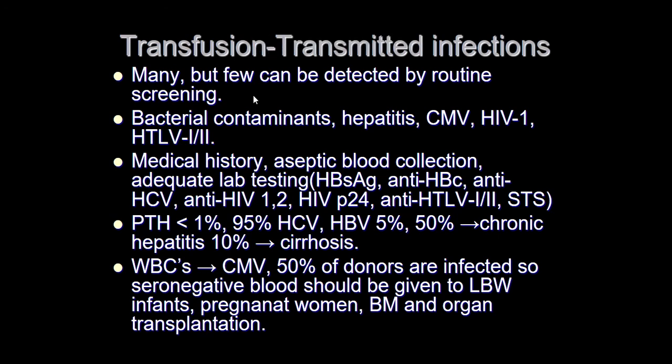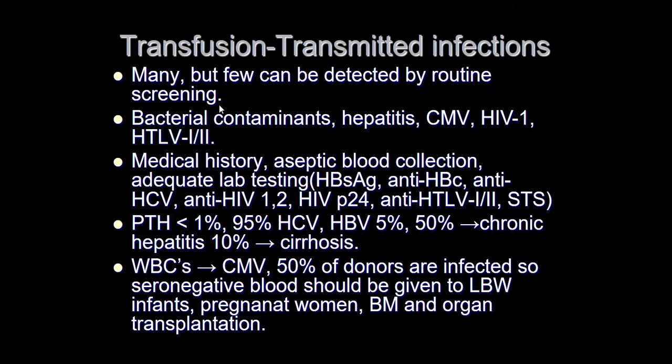So again, in summary, there are transfusion transmitted infections, infections that are transmitted from the donor blood. There are so many, as I said, but a few of those can be detected usually by routine screening.